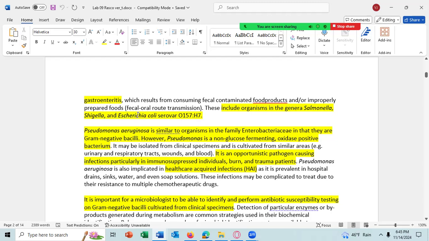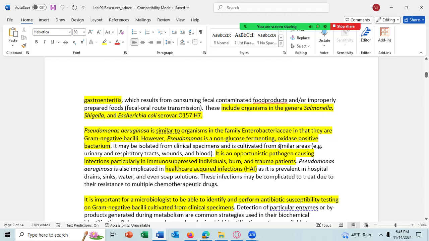Pseudomonas aeruginosa is an organism similar to the family Enterobacteriaceae, and they're all gram-negative bacilli. However, Pseudomonas does not ferment glucose, so it is non-glucose fermenting. They're all oxidase positive.